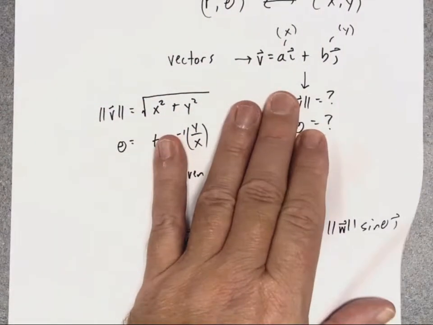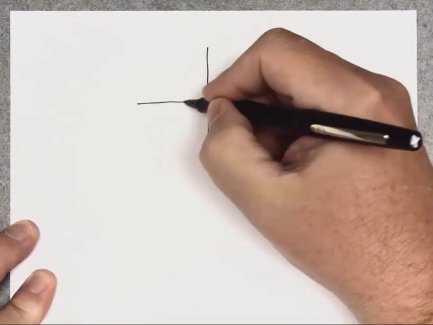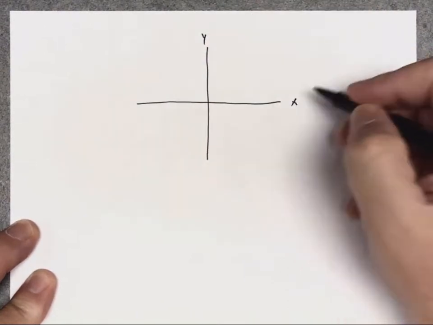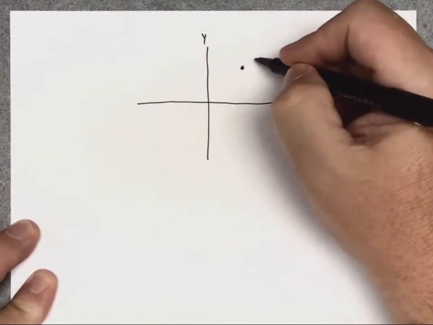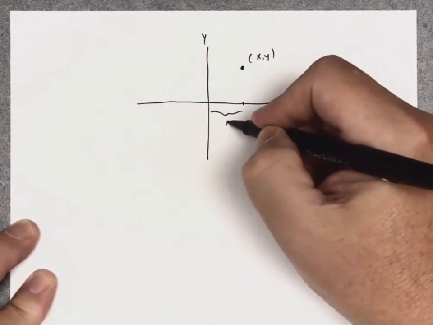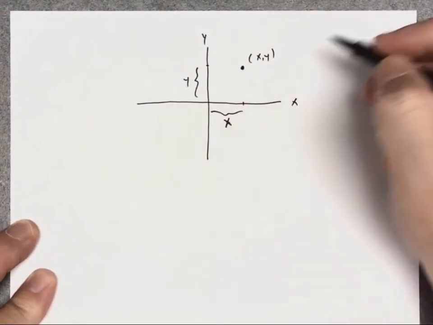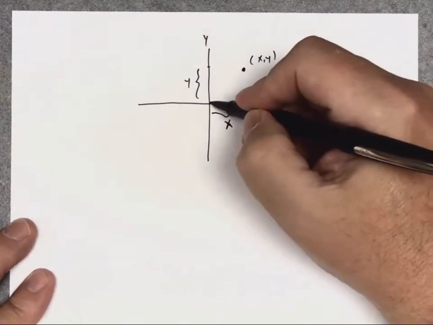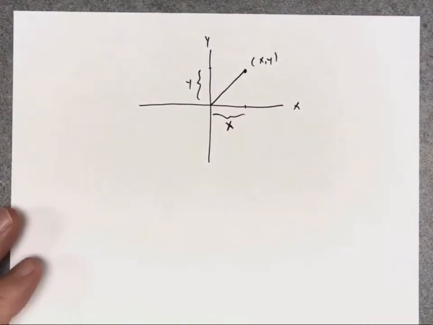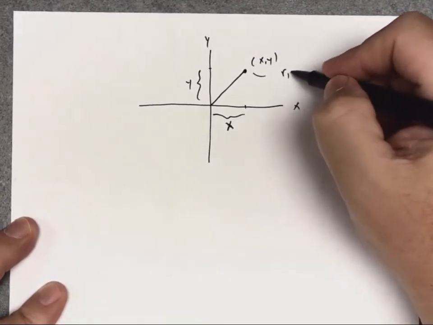And that's because if we take a quick look, if we plot an XY point, so here's XY, there's my X, there's my Y. I want to know what this point would be.